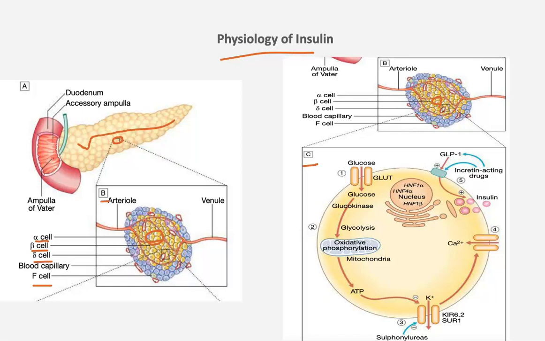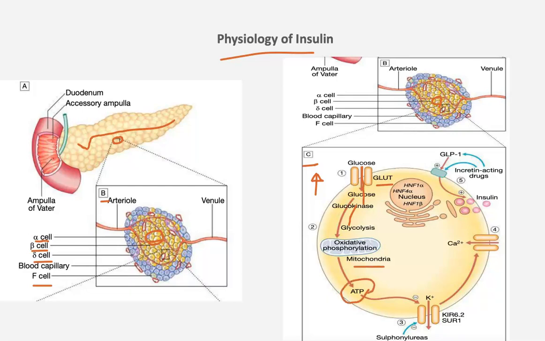So what happens after a meal? After a meal, our blood glucose level is high, and glucose enters into beta cells through glucose transporter 1 or 2, which is insulin independent. Then glucose enters into glycolysis and subsequent oxidative phosphorylation in mitochondria, with resultant ATP production.